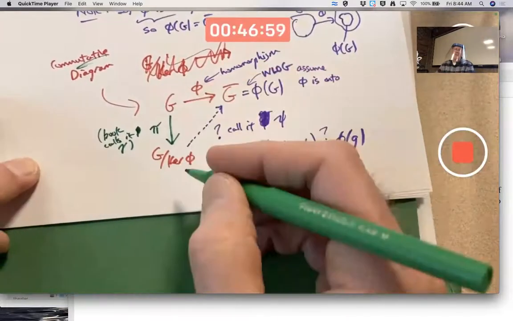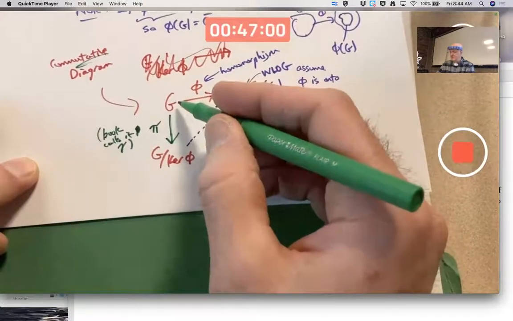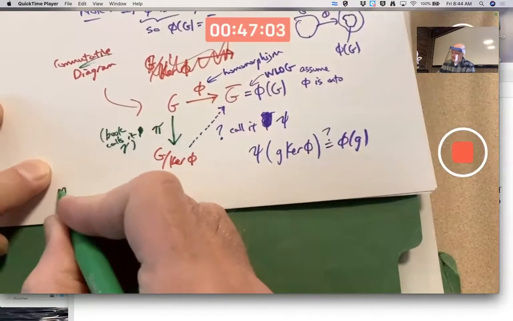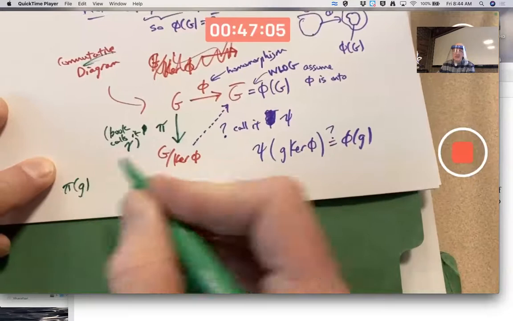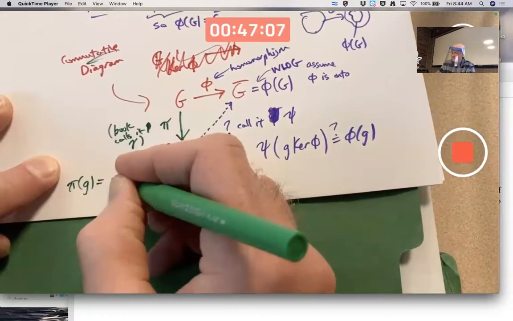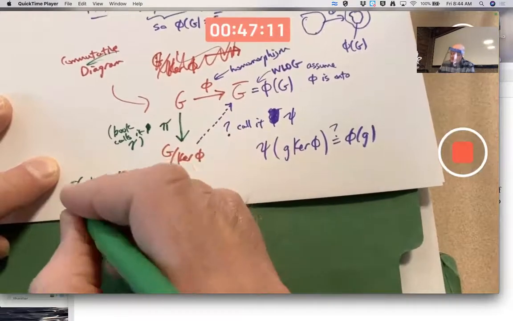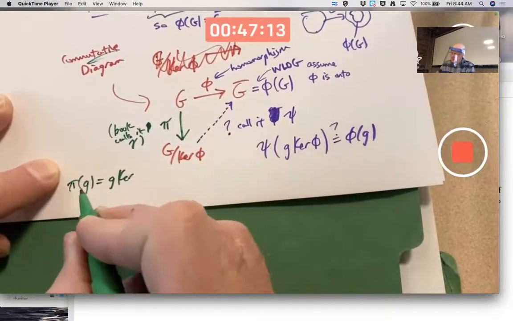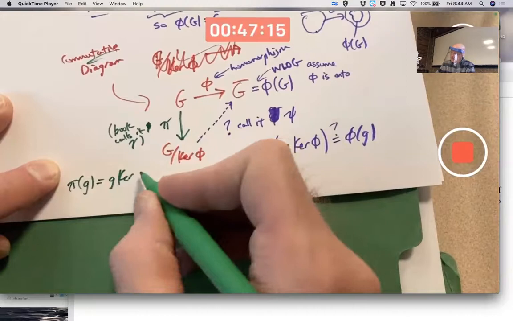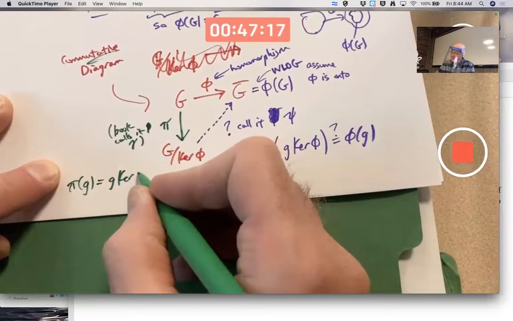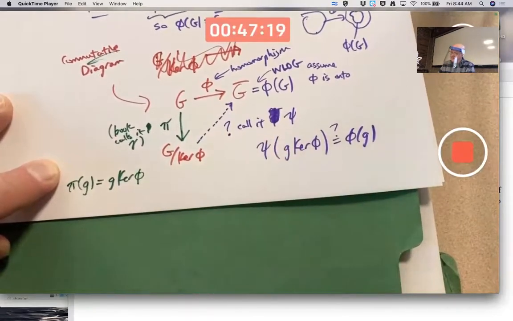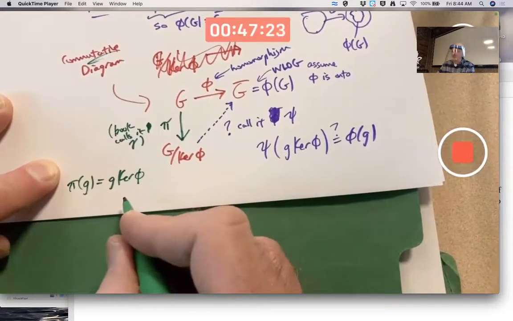Pi is called the natural homomorphism from G to this factor group, and it's defined by mapping an arbitrary element of capital G, call it little g, to the left coset of the kernel in capital G containing little g. Pi of g equals g kernel phi.